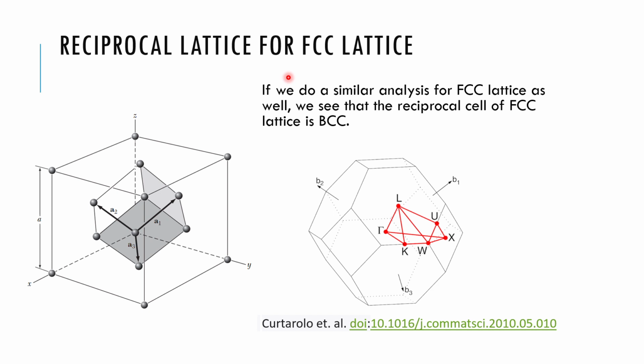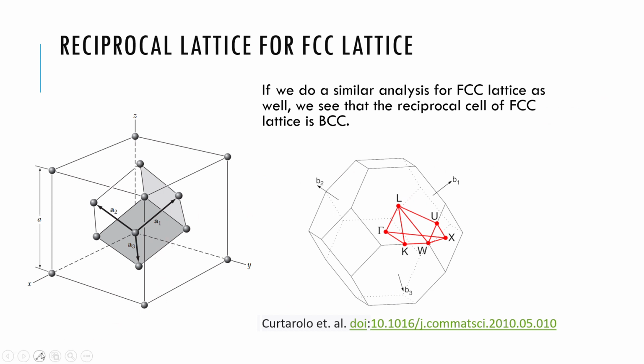The vectors found are of the BCC structure. You can try that and let me know in the comments how you get B1, B2, B3 for the FCC structure. And this is the first Brillouin zone of the FCC lattice.